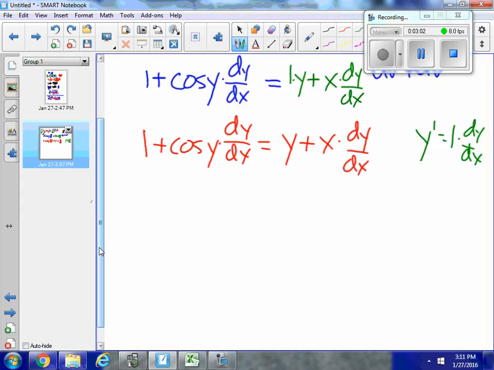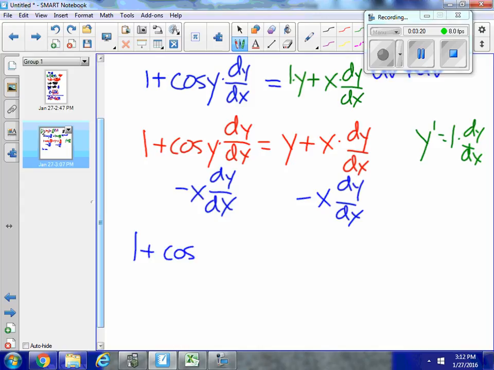So I'm going to subtract x dy/dx from this side, and I'm going to subtract it from here, minus x dy/dx, and I end up with 1 plus cosine y dy/dx minus x dy/dx equals y.